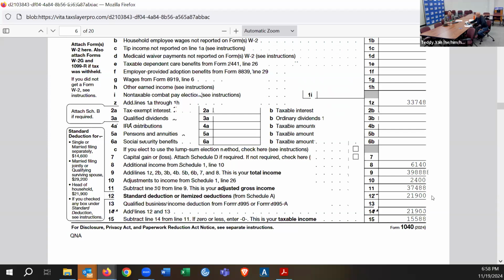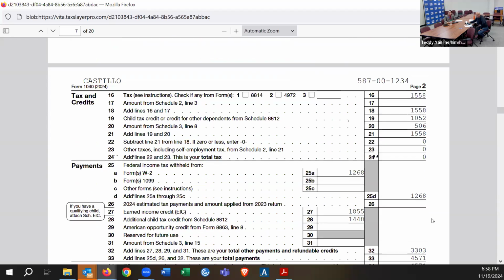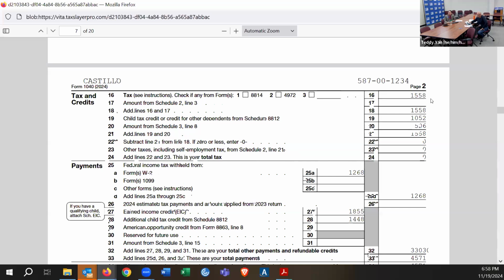which is then reduced by her standard deduction down to a taxable income of $15,588, which in turn translates into $1,558 worth of tax.